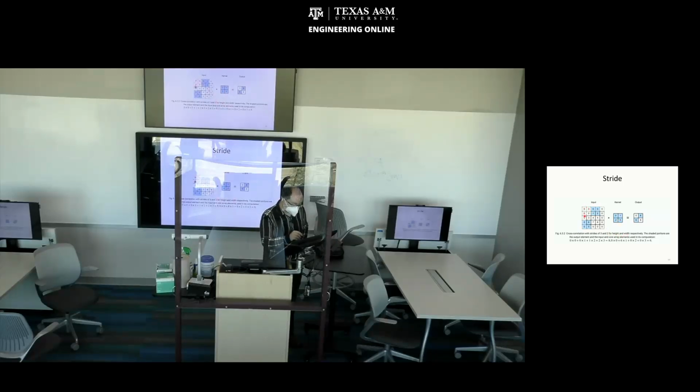So first it's here, and then the next is here. The first time is here, and then I move to the right by 2. Then I stop here, because if I move by 2 again, I will hit the boundary. And right now, I'm not using padding yet.